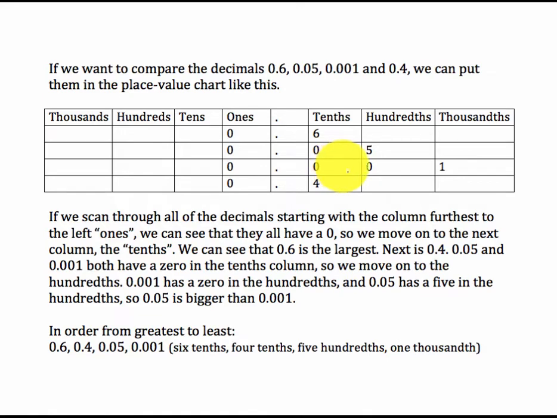So we move on to the next place value spot, 1 spot to the right. Now there's a difference. 0.05 has a 5 in the hundredths, and 0.001 has a 0 in the hundredths. 5/100ths are larger than 0/100ths, so that means that 0.05 is larger than 0.001. So if I put them in order from greatest to least, 0.6 will be the largest, 0.4 second largest, 0.05 will be next, and the smallest will be 0.001.